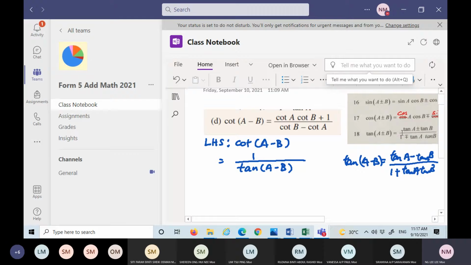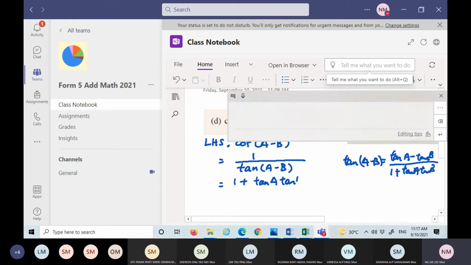A minus B, bottom one, bottom is minus, bottom is plus. Okay, correct. So reciprocal of it, you just turn upside down this one. So now I have 1 plus tangent A tangent B.